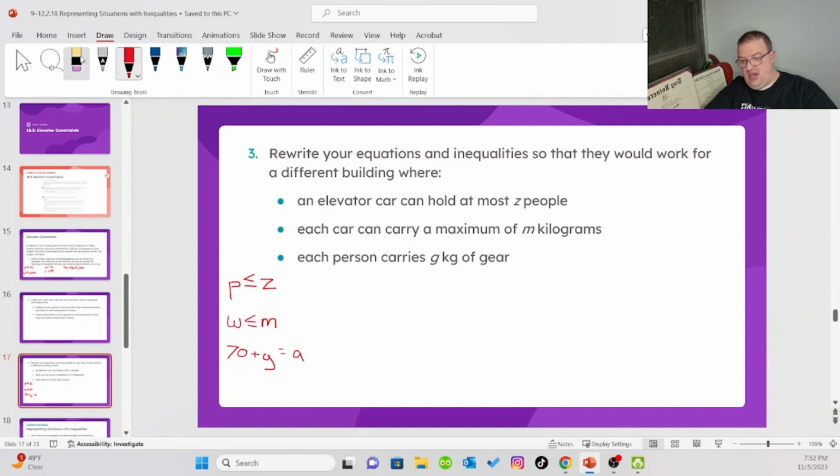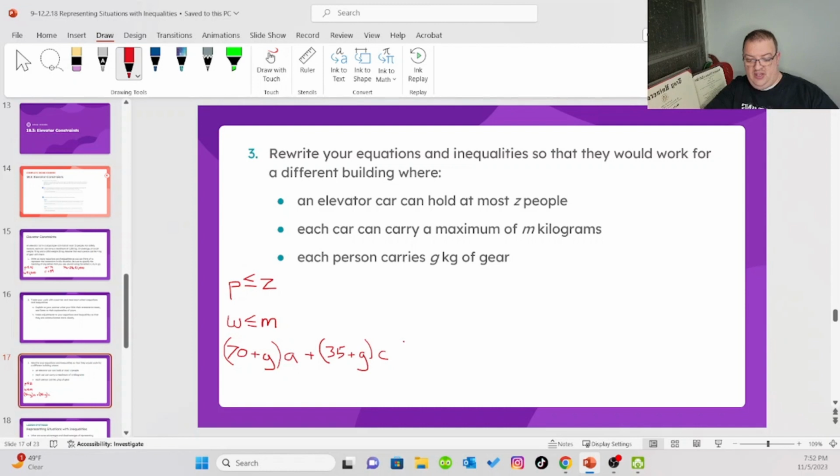Or better yet, we could put this in parentheses and just multiply it by the number of adults plus 35 kilograms per child plus G kilograms of gear for every child.